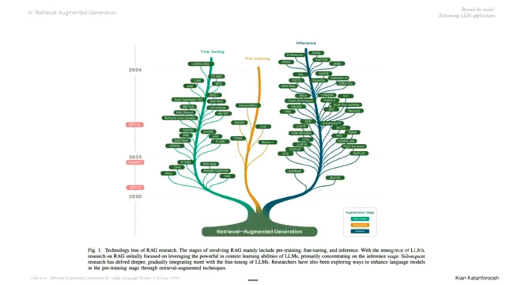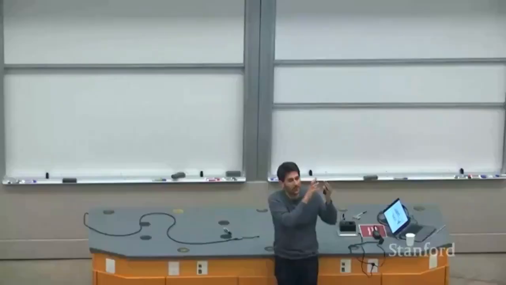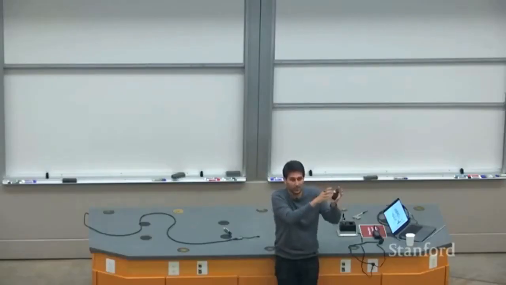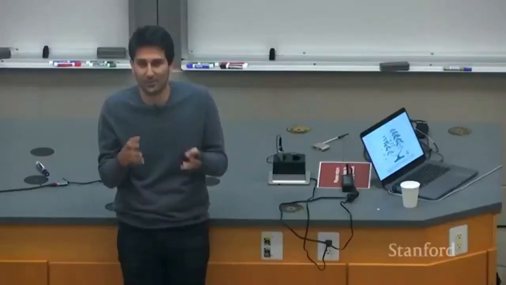Another technique that's popular is HyDE, hypothetical document embeddings, where a group of researchers published a paper showing that when you get your user query, one of the main problems is the user query actually does not look like your documents. For example, the user query might be, what are the side effects of drug X?